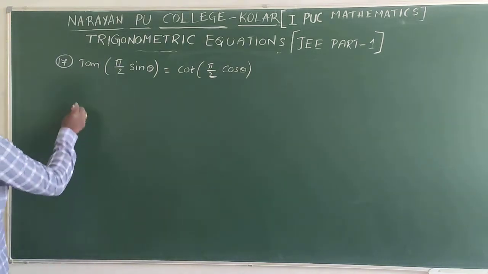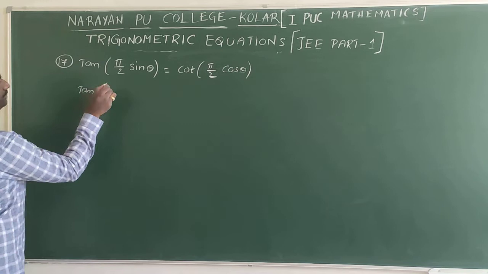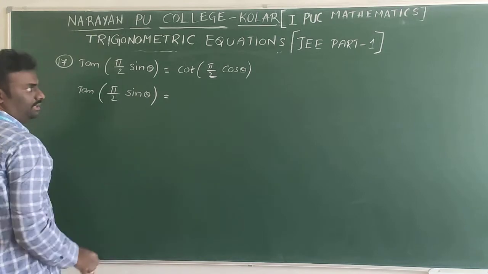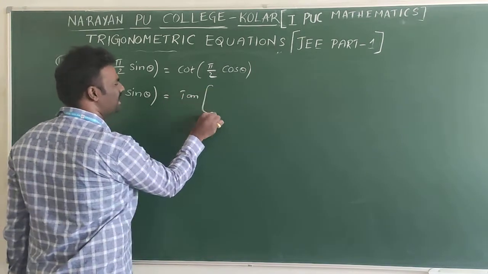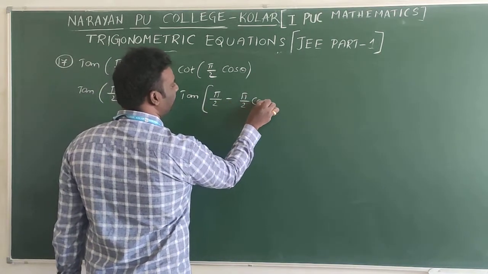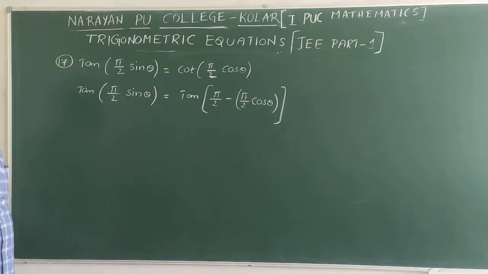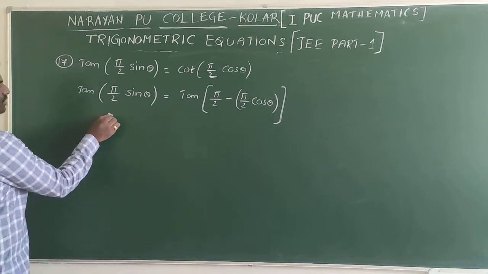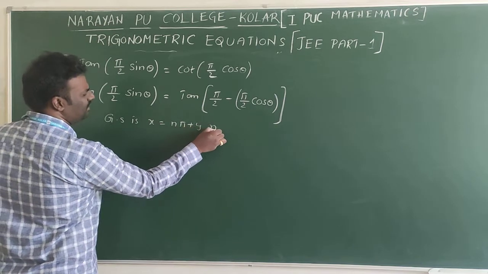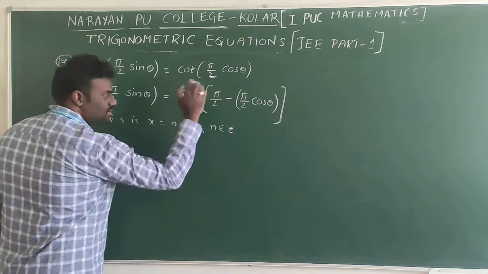First, I am converting the right side also in terms of tan. Cot of pi by 2 cos theta can be written as tan of 90 minus pi by 2 cos theta. Now it is in the form of tan x equals tan y. Now the general solution is x equals n pi plus y, n belongs to z. In place of x you take this, and this is y.